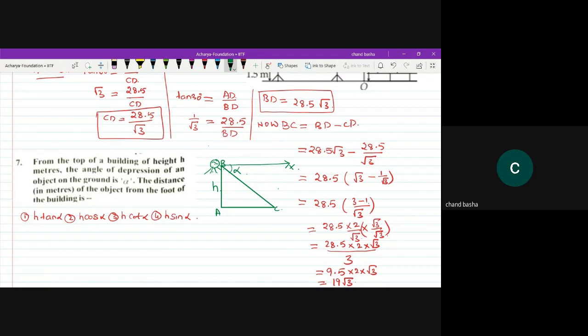The distance of the object from the foot, I am going to take this as some x. Let it be considered as x, the distance between the foot and the object. This point is the object. Clear?